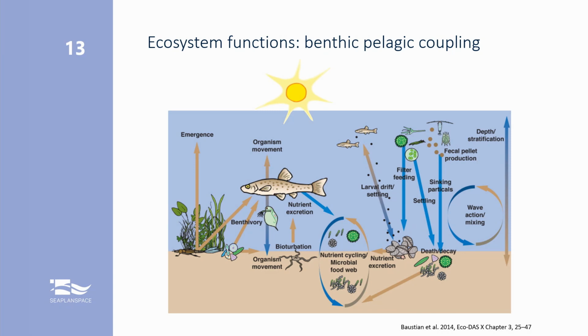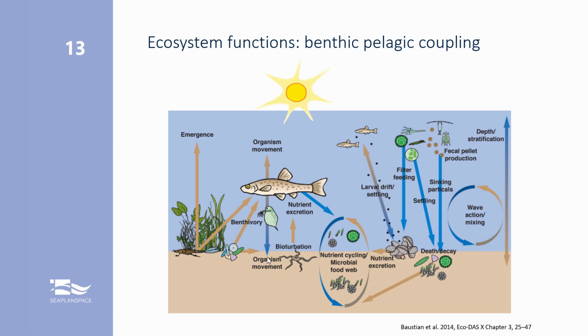This is also all suspended matter, but also, for example, the dead algae which are settling at the sea bottom. Then also various sinking particles which are also deposited on the sea bottom. Then we have wave action and the mixing process occurring, of course, nutrient excretions, and nutrient cycling via the microbial food web, and the microbes are living on the sea bottom.